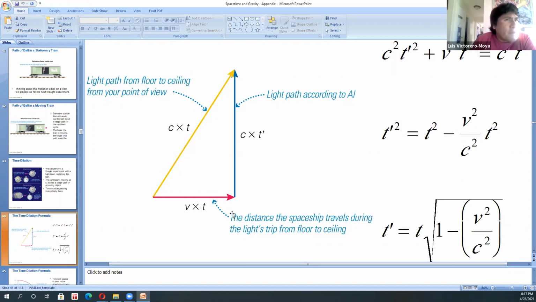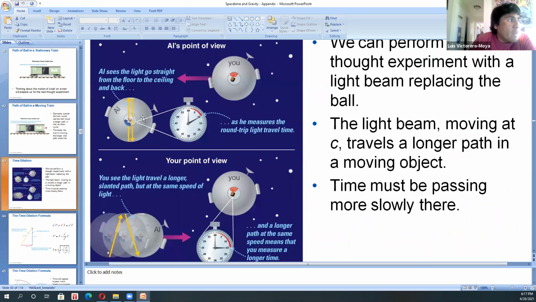Not even to outer space, just orbiting the Earth in the ISS. So time dilation happens when objects are moving closer to the speed of light, but also when objects are embedded in gravitational fields, right?